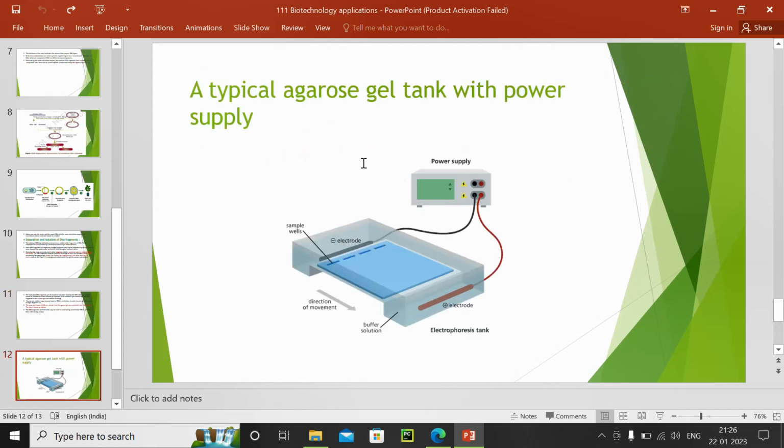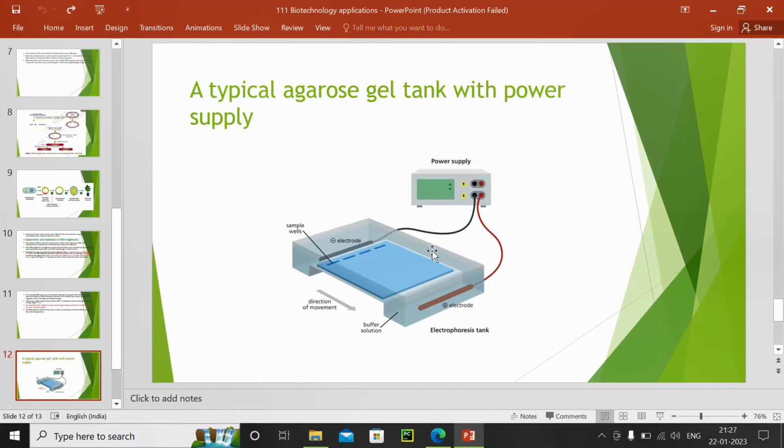So here is a typical gel tank with power supply. This blue part is the gel. These are the sample wells where DNA is loaded after restriction endonuclease digestion, and here is the anode and this is the cathode. The cathode is represented by the black wire, and the anode by the red wire, and this shows the direction of movement.